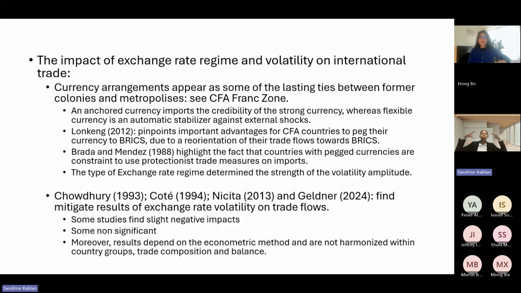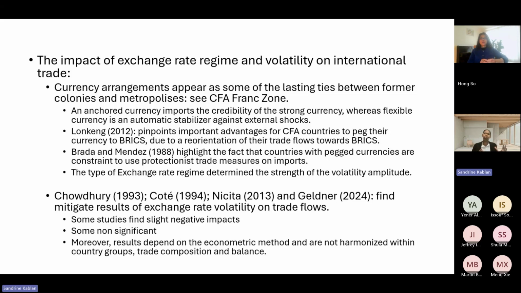Okay. Now we have another paper that talks about the fact that when a developing country pegs its currency to the currency of a developed country, there is of course this advantage of protecting itself against uncertainty and exchange rate fluctuation if it trades a lot with this country.